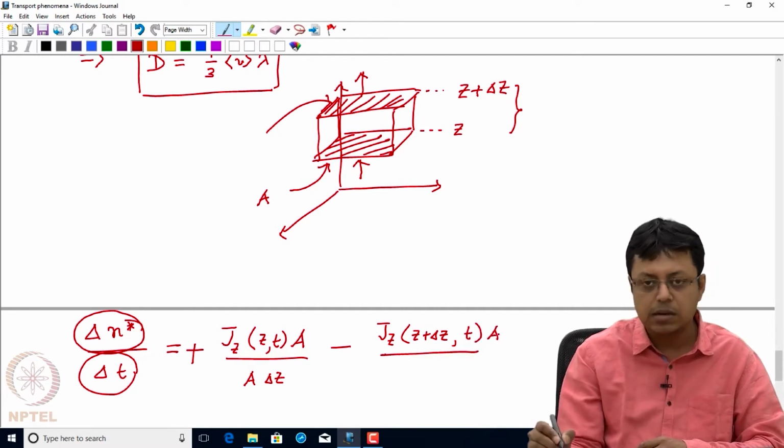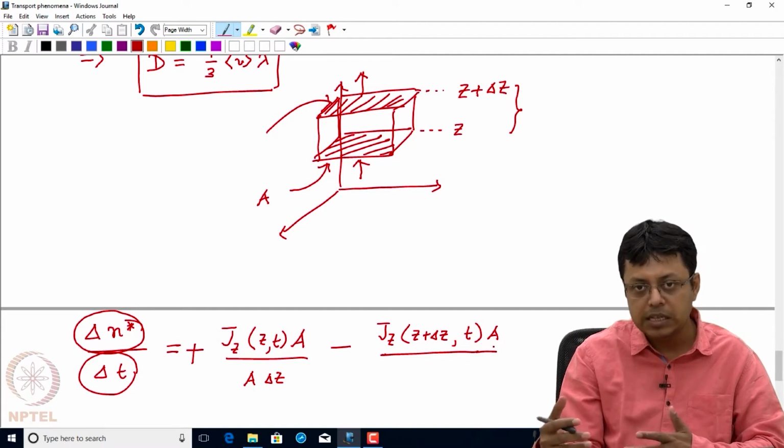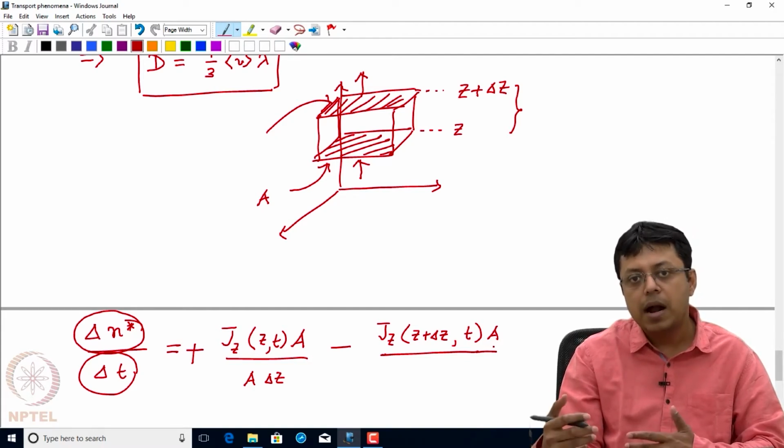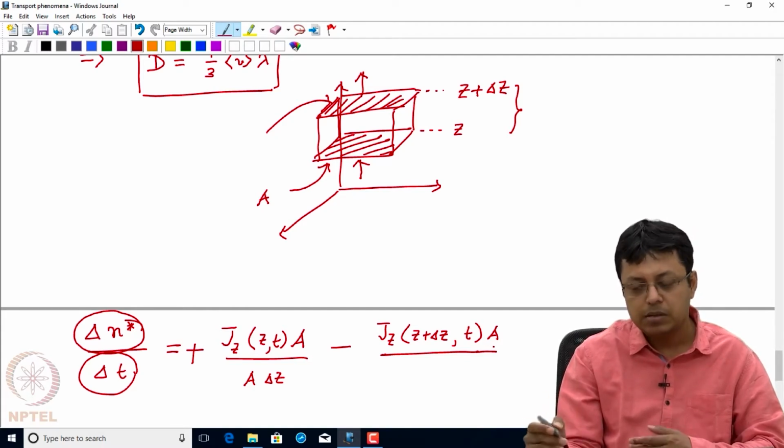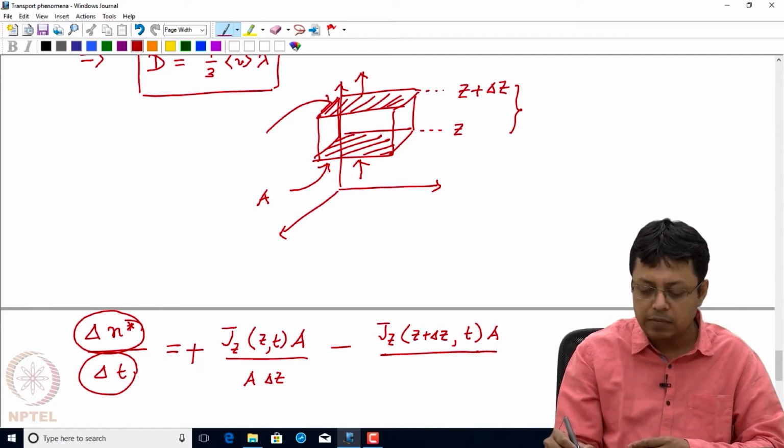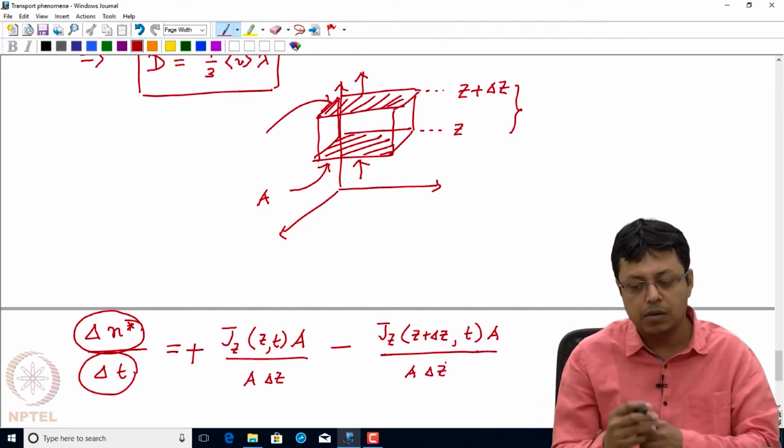If I multiply by the area, that is the number of molecules leaving that surface per unit time. If I divide by the volume, that is the number of molecules leaving this total volume.